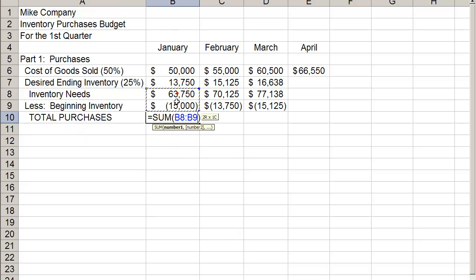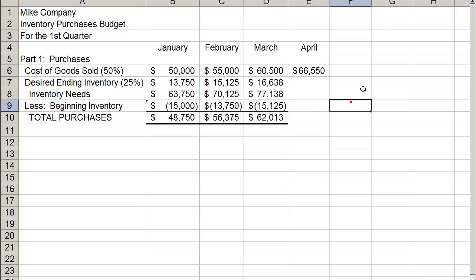So that's going to be equal to your inventory needs less your beginning inventory. Add some lines to make it a little bit prettier. And what you have now is part one of your inventory purchases budget.